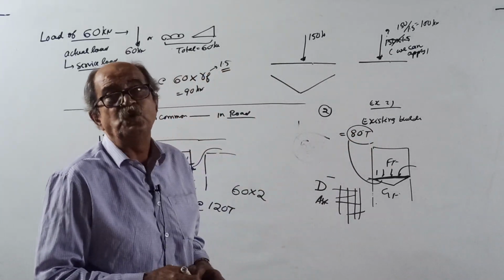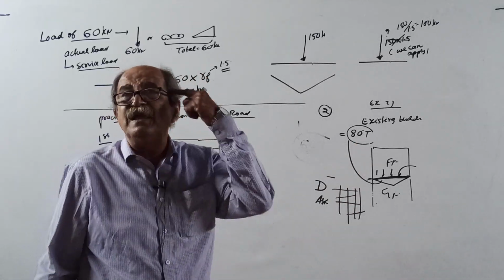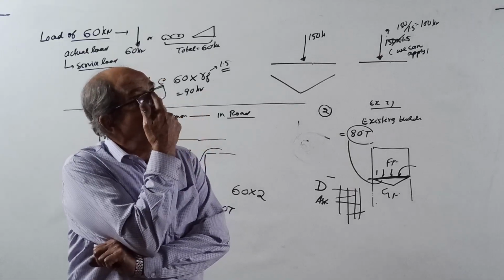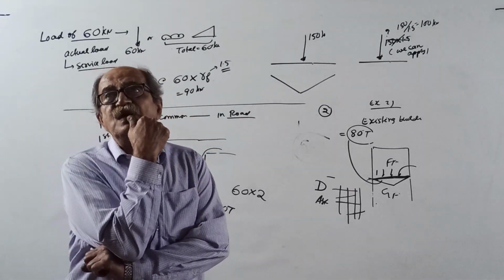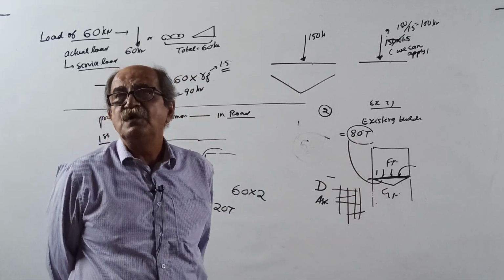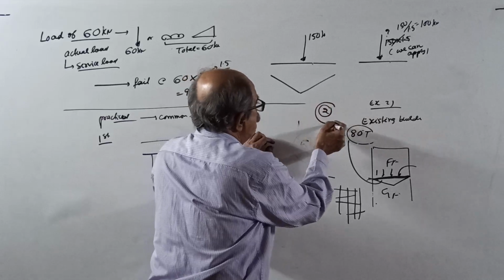Anyway, a round number. Now you think mentally, you are staying on the ground floor. When I give it for rent, he is going to store. If he stores 80 tons, the slab will collapse. I want to be safe. Therefore, you want a safety margin of 2.